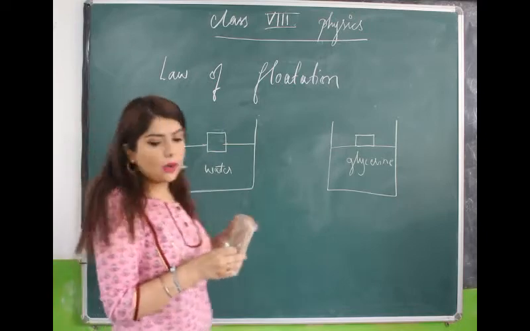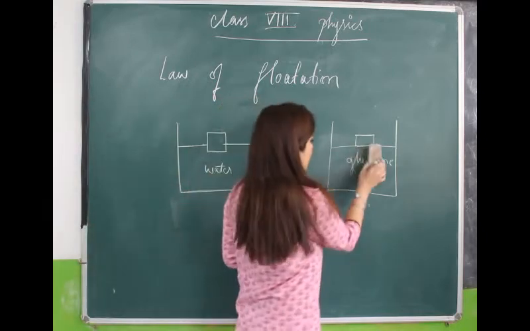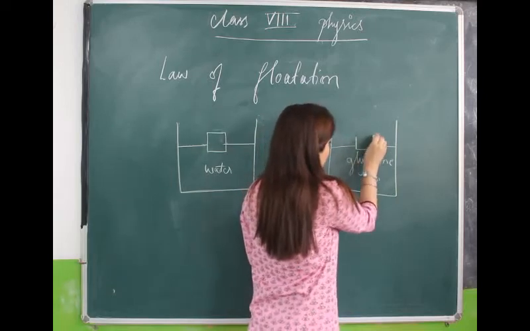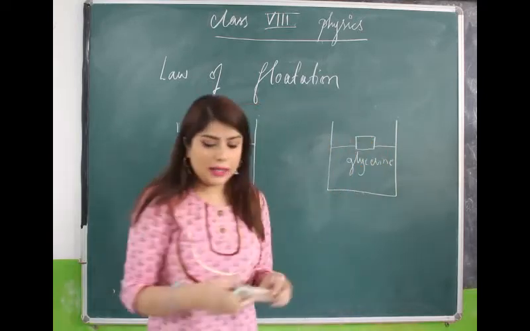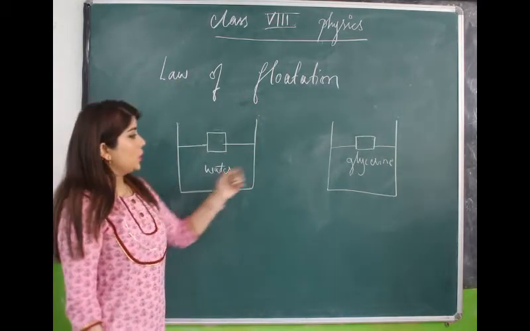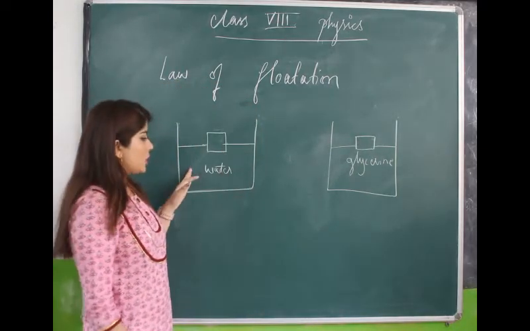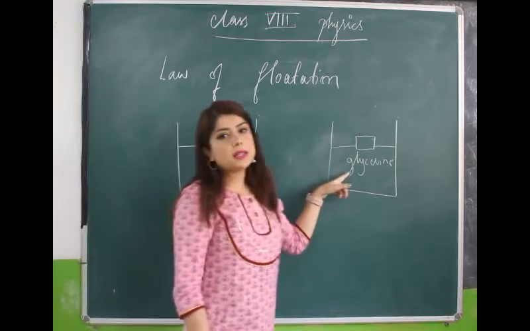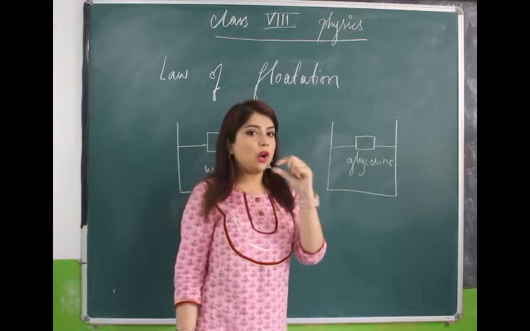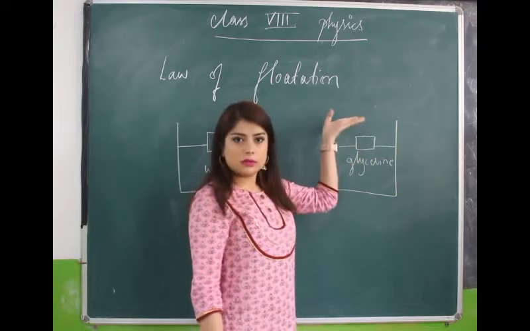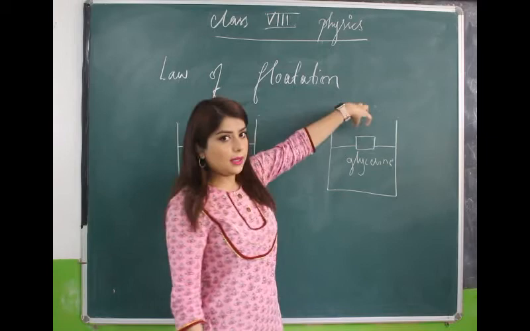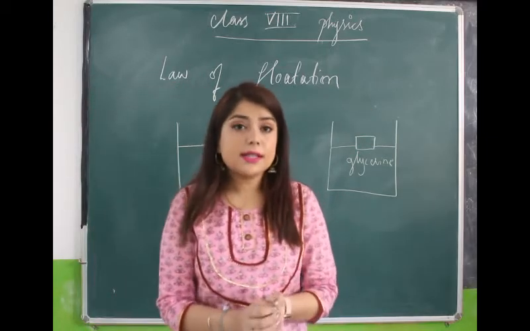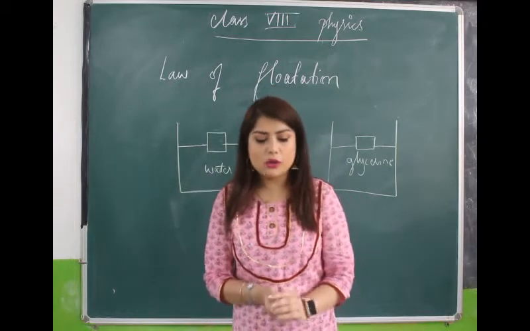In the case of glycerin and wood, a very small portion of the body will go inside, and the rest will remain at the top. So the difference in both images is that in the first one, half of the body is inside the water, half above. But in glycerin, only a small portion of the object is inside the liquid, and otherwise it is at the top. From here, we can conclude that the density of wood is less than the density of water.